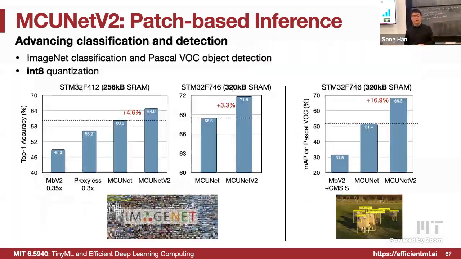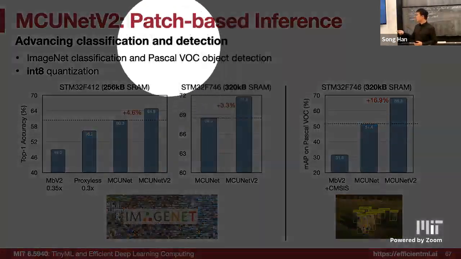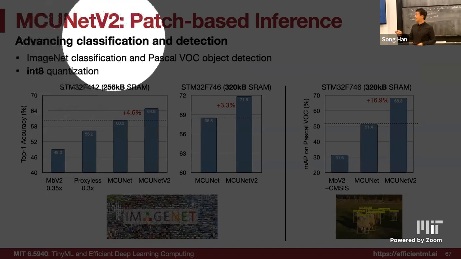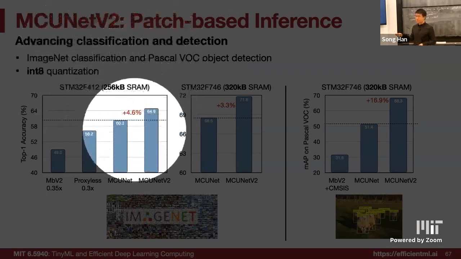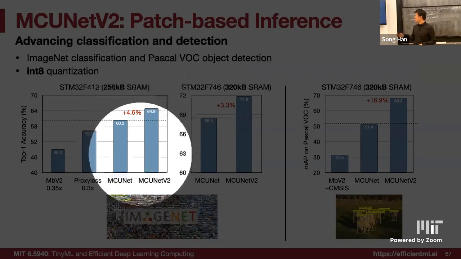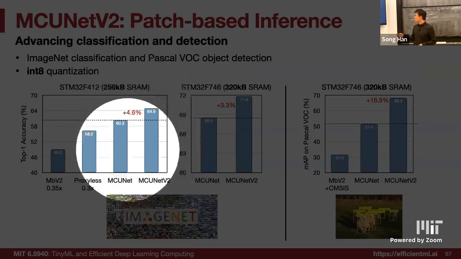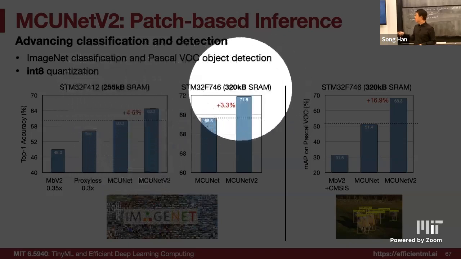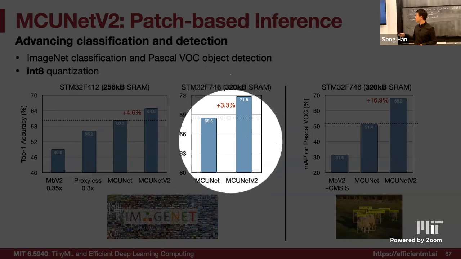And not only on the binary person versus no person classification, but MCUNet v2 also advanced classification detection to large scale, like on ImageNet level classification result. So this is the accuracy improvement of MCUNet v2 versus MCUNet under 256 kilobytes of SRAM versus 320 kilobytes of SRAM.